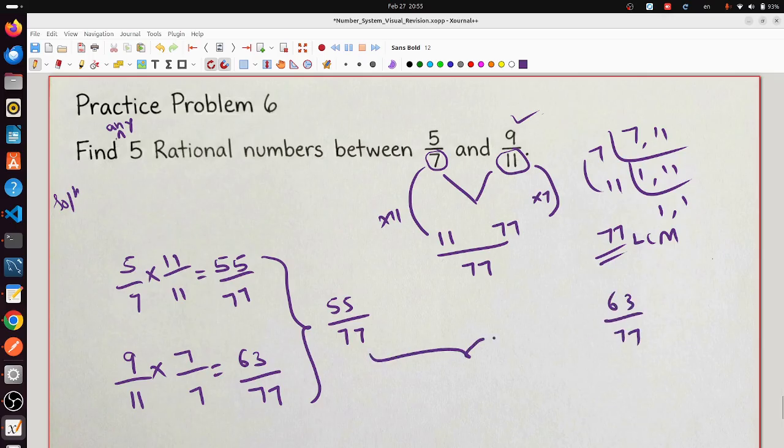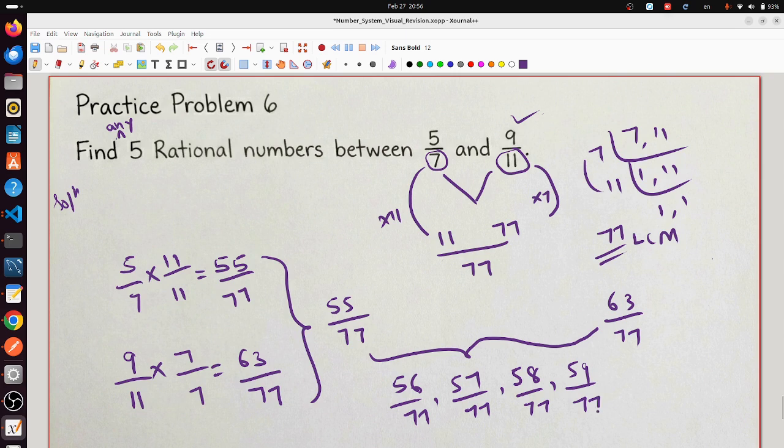Any 5 rational numbers you can take, like 56 by 77, 57 by 77, 58 by 77, 59 by 77, 60 by 77. These are the 5 rational numbers between these two fractions.